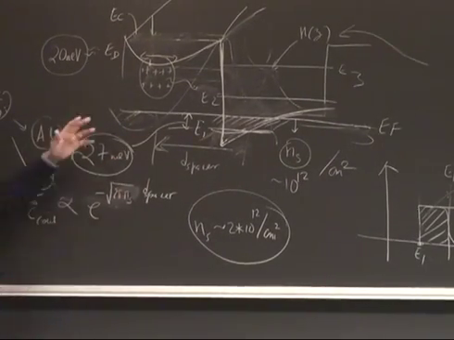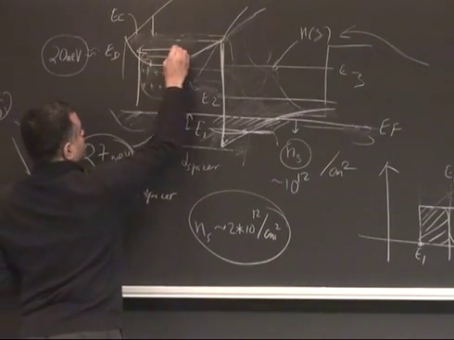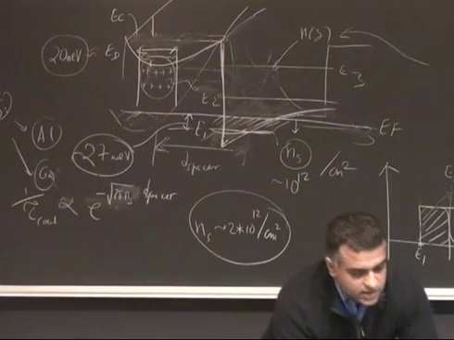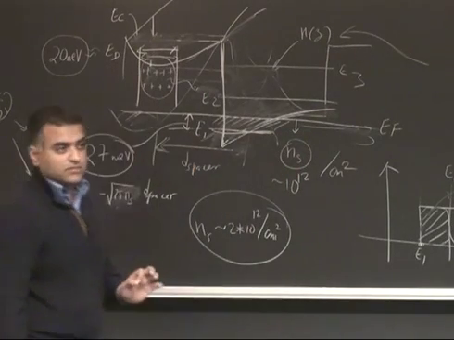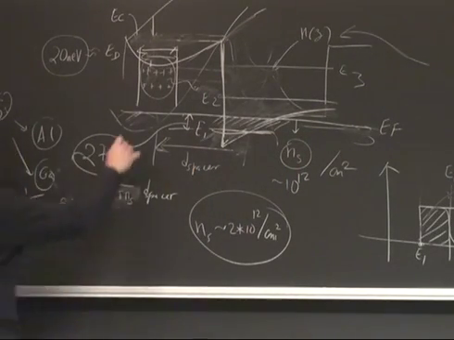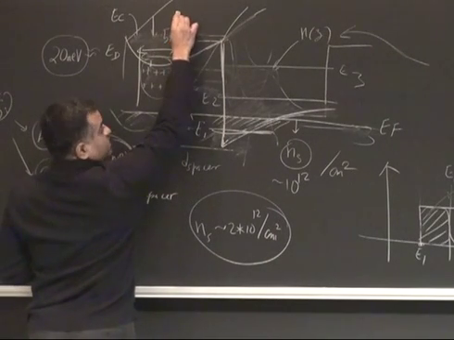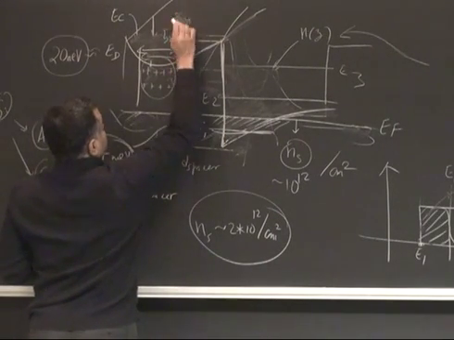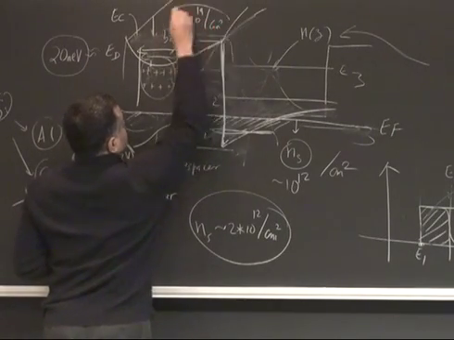But how many dopants did I put in? Let's see. The dopants I put in were spread over this layer. So this is the dopant layer, right? Spread over 5 nanometers, right? And the doping density is what? 2 times 10 to the power 19 per centimeter cube, right?